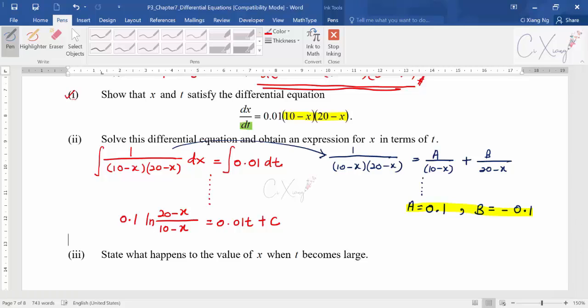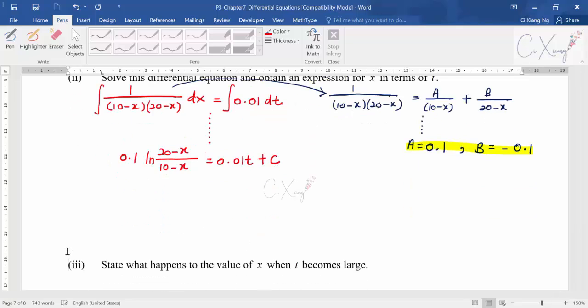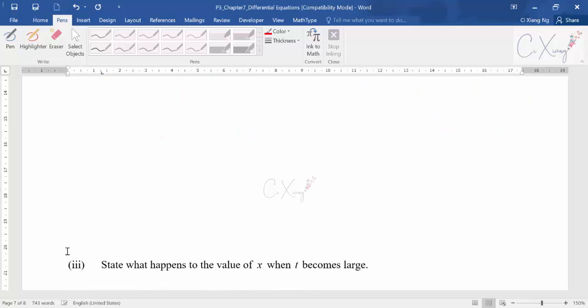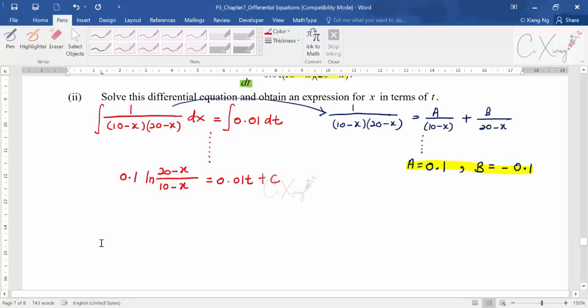After the integration, and after you combine the ln into one ln function, this is what you should have.